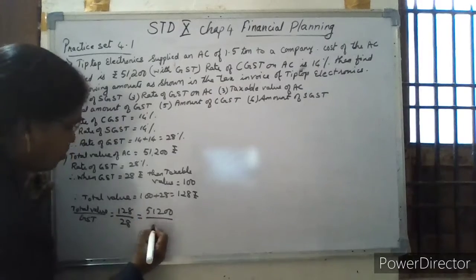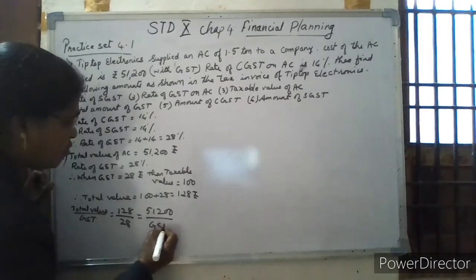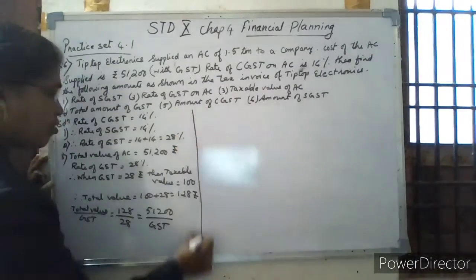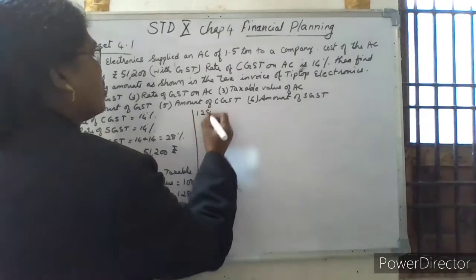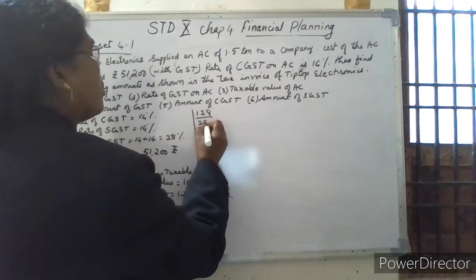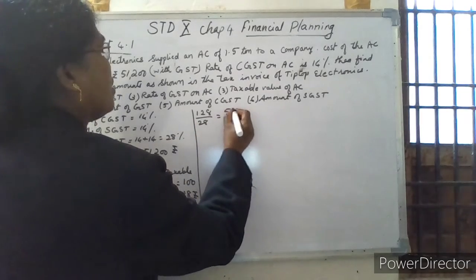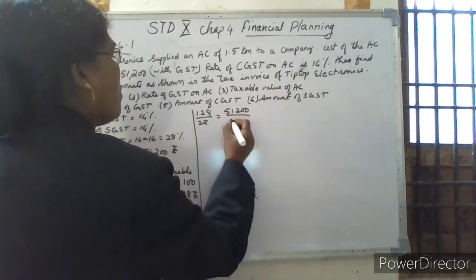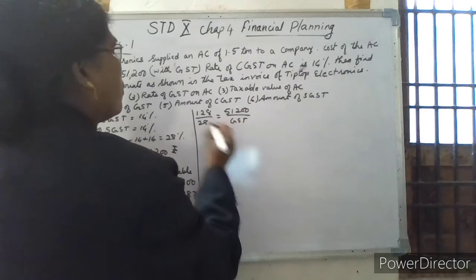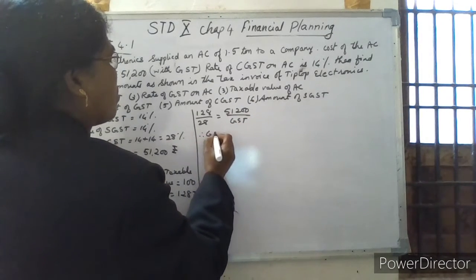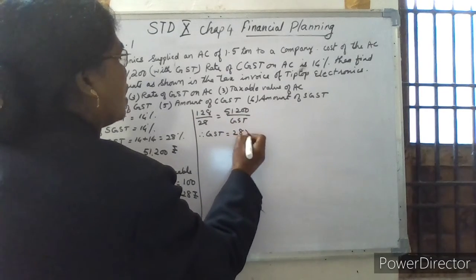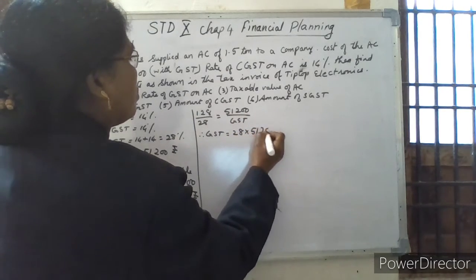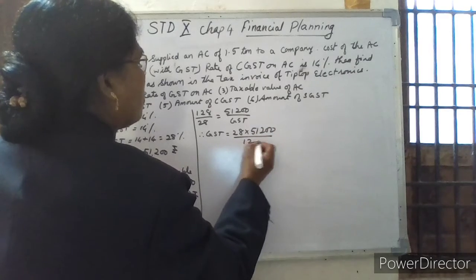What is the GST? GST we are finding out here. So take these two equal ratios, 128 by 28 is equal to 51,200 upon GST. So GST value is equal to, cross multiply, 28 into 51,200 divided by 128.